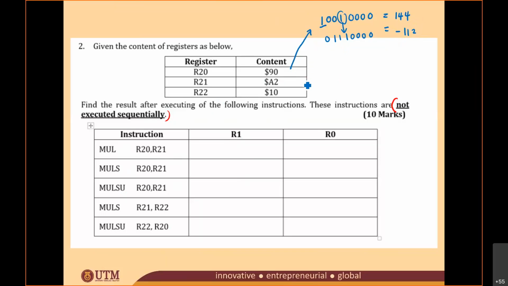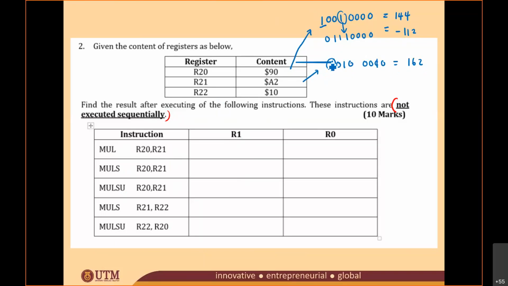What about R21? R21 is 1010 0010. If this number is a positive number, it is equal to 162. Then we check if this is a negative number.